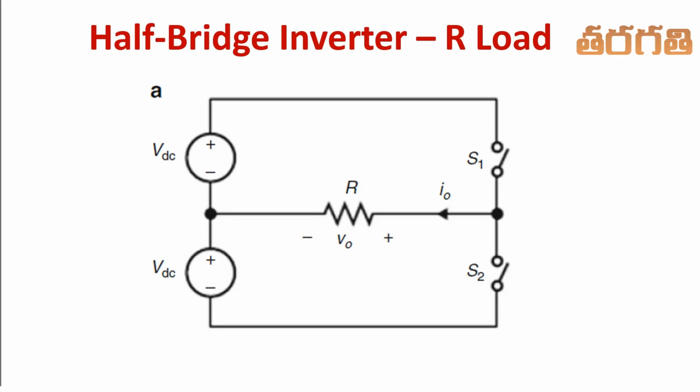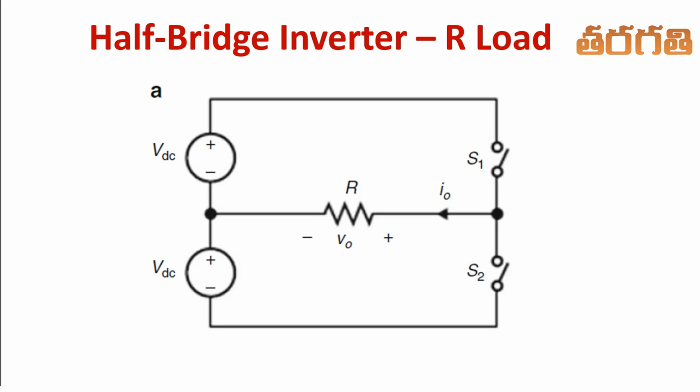We suppose that the switch S1 is on for a time duration 0 < t < T/2, so that the load voltage V0 is equal to VDC. This makes the load voltage positive.